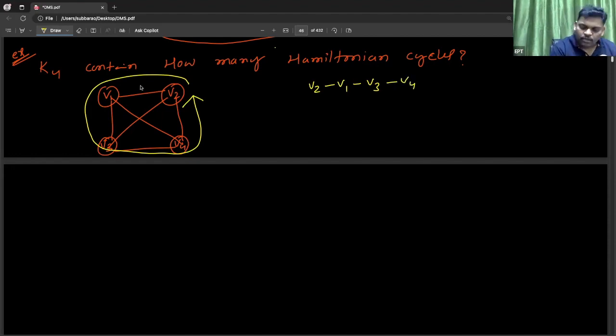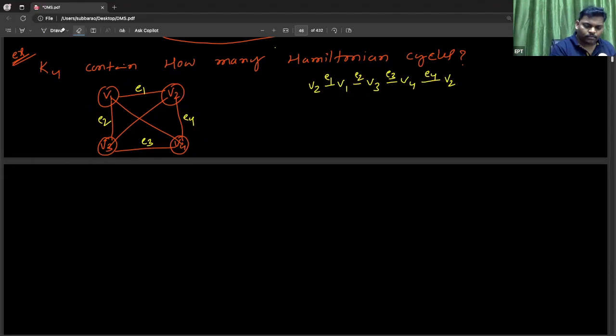If you want, I will give edge numbers also: E1, E2, E3, E4. Okay, fine. If you take anything where all these 4 vertices are there, that is the same only. I already covered that.